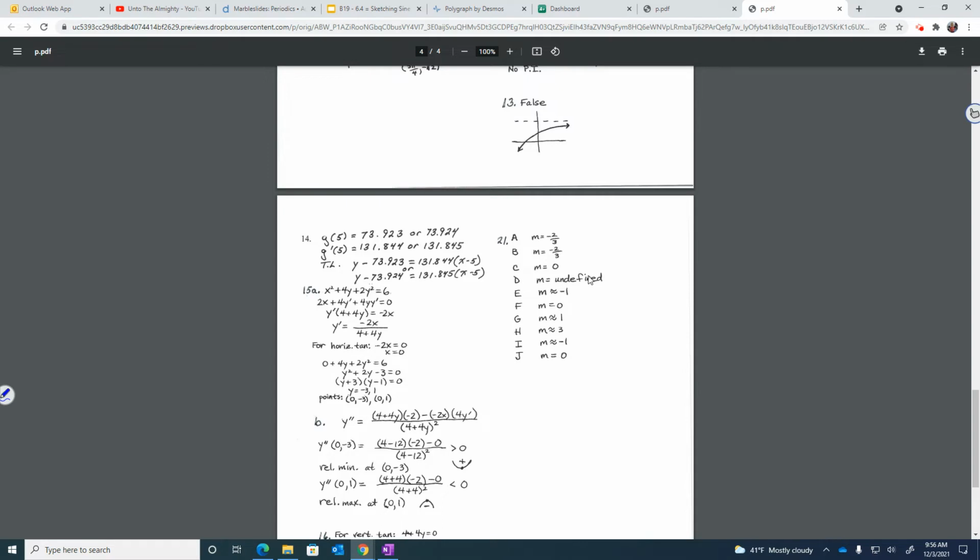Here's all the slopes. This was kind of a primer for what we're going to do today, estimating the slopes, because we're going to try to do graphs. Any questions?